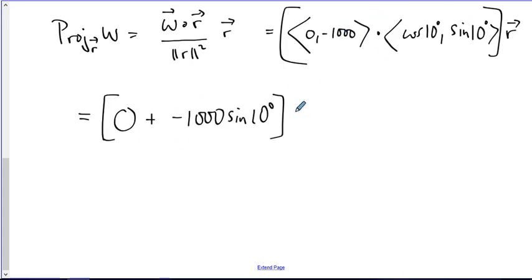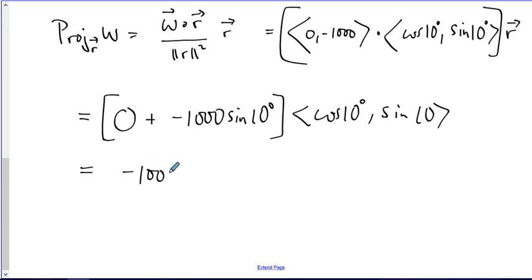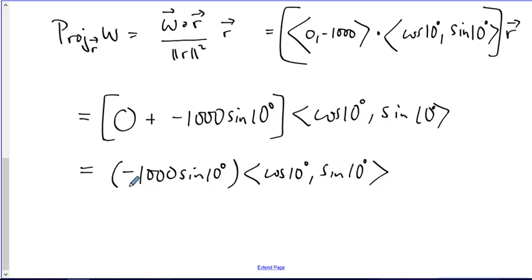That's the dot product, and that's multiplied by the vector r, which was cos 10, sine 10. So I have a scalar that I'm multiplying by the vector to produce a vector. To leave the answer in exact form, it's negative 1,000 sine 10 degrees times the vector cos 10, sine 10. Now, without the negative, that's the magnitude of the force.